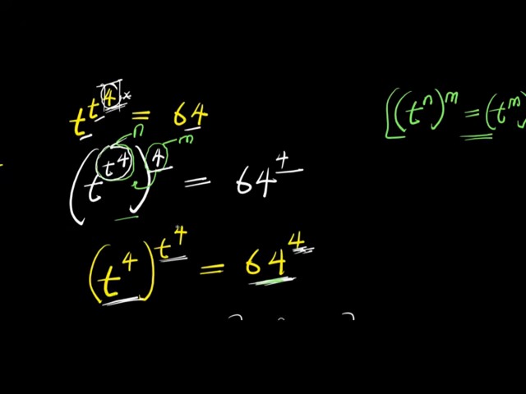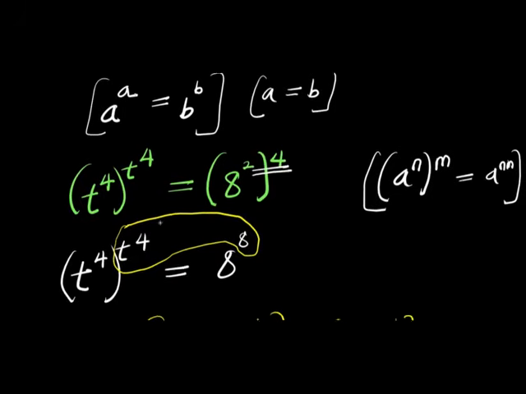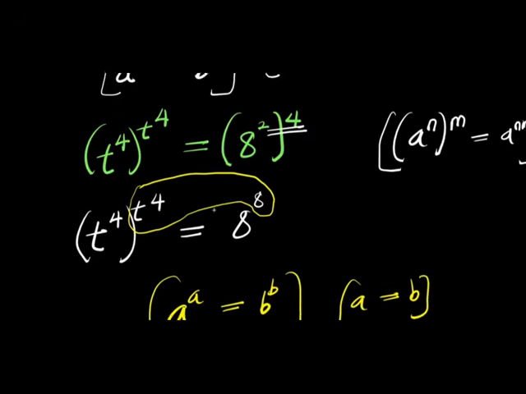So we take it outside, and that will make us have the same term both at the exponent and at the base. Then we need to also manipulate this to be the same both at the exponent and at the base. So that leads us to replacing 64 with a power of 2.